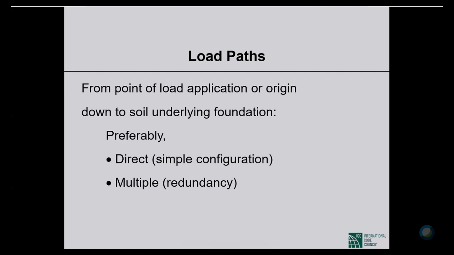Too many offsets and turns and rounded paths, anyway, the more complicated the configuration goes, the less direct is the load path. We also want multiple load paths, ideally, more than one way for the loads to go from origin to the soil underlying foundation. And that is the concept of redundancy that you keep on hearing about, multiple load paths.